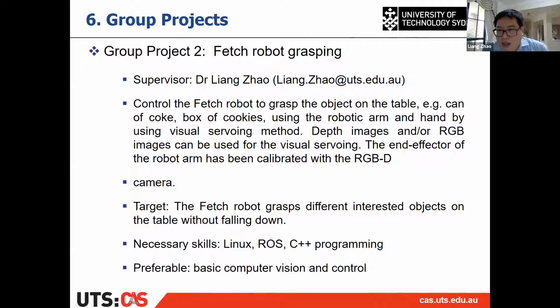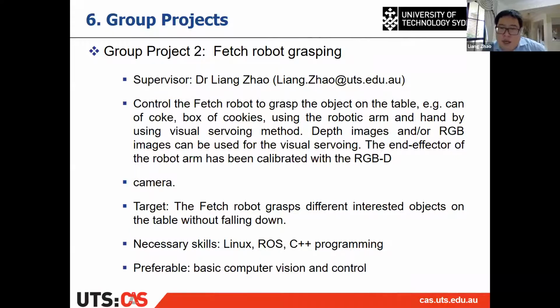For example, the two objects are an orange and a Coke, and both are on the table. Suppose you tell the fetch robot to pick up the Coke. Then the fetch robot can identify which object is the Coke and pick it up correctly. All right, so at least two objects.